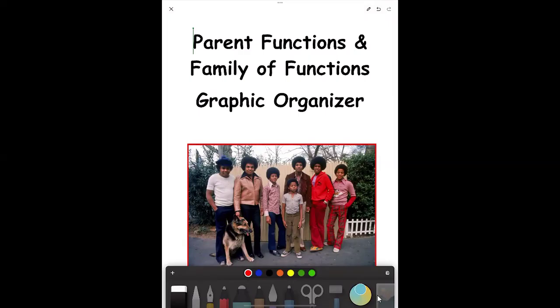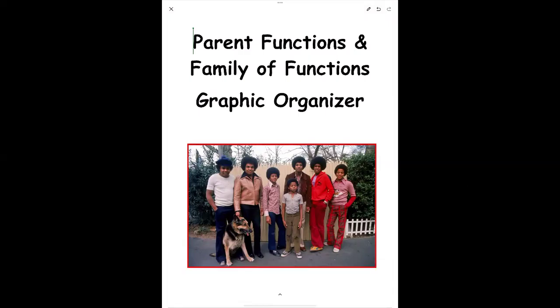All right, so what we're talking about now is parent functions, family of functions. And I started with this image of the Jackson Five. This is the father, Joe Jackson. This is Tito, Michael Jackson. This is Jackie Jackson, the oldest brother. Here's Jermaine, Marlon, Randy.